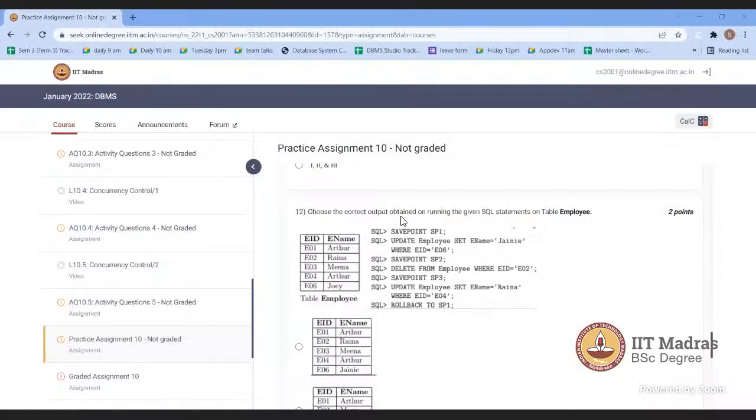Sir, could you please discuss question number 12, practice assignment week 10? Question number 12, practice assignment week 10. Yes. Okay. Yes, Subhendu. Yes, sir. Okay, let me share my screen. So is this question right?